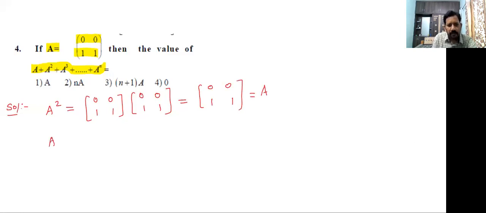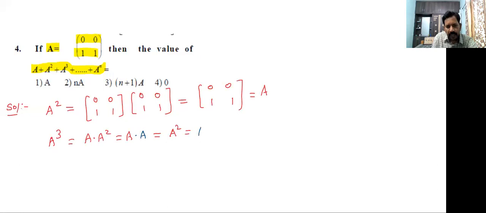Then what about A cube? A cube means we can write A into A square. But A square value we already know, that is also A only. A into A, how much? Again A square. What is the A square value?